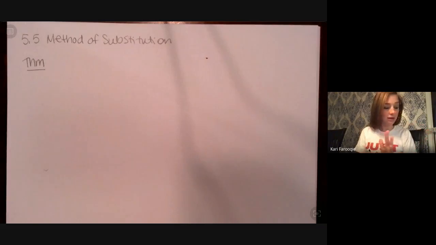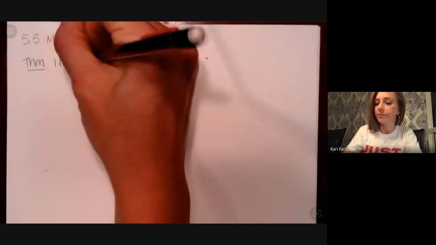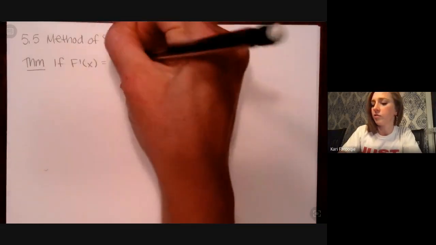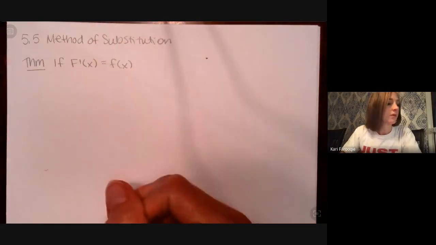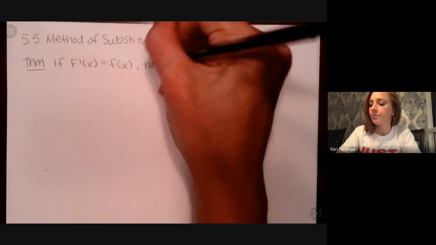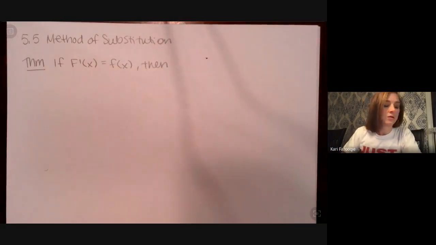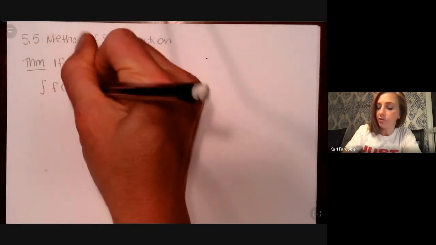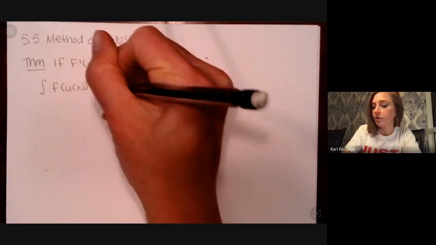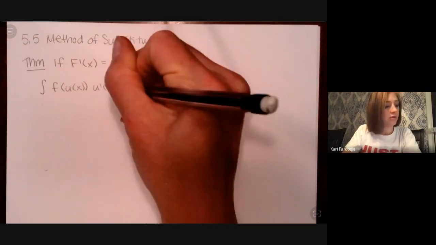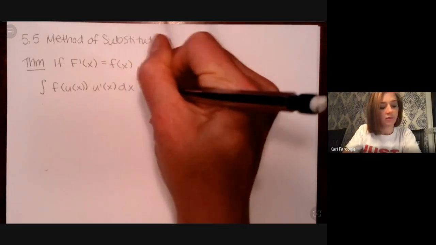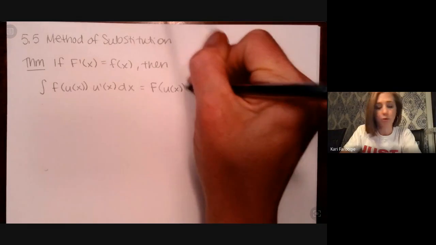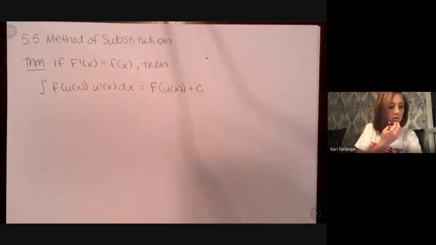All right. If capital F prime of x equals little f of x, then the integral of little f of u of x, so this is a composite function, times u prime of x dx equals the antiderivative, big F, of u of x plus c.